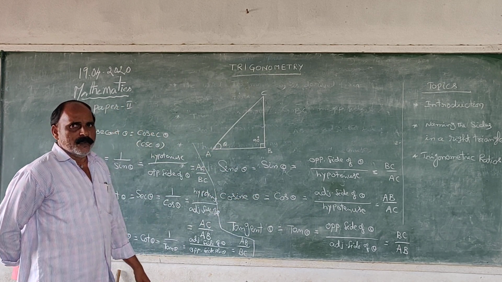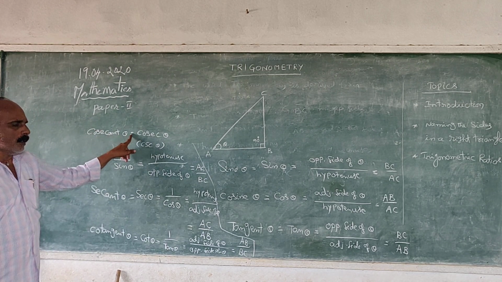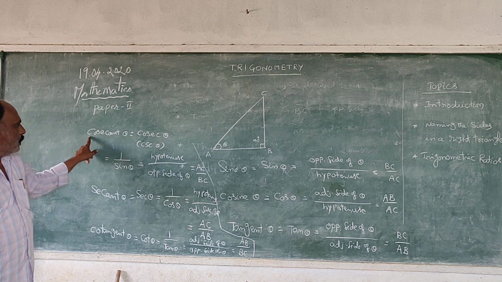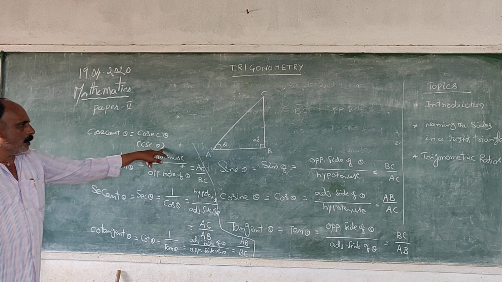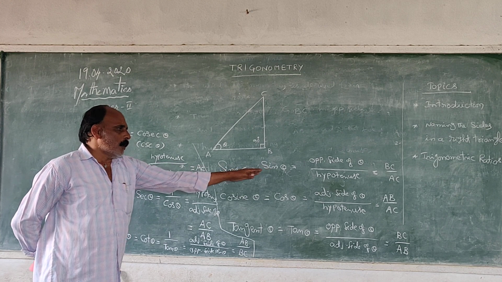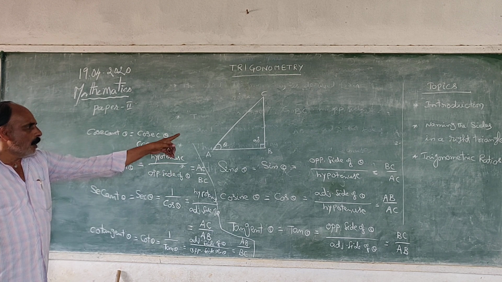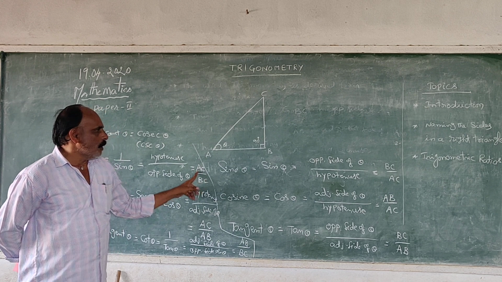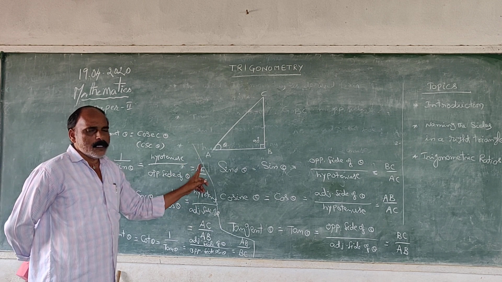The fourth one is cosecant theta, briefly written cosec theta, also written CSC theta, that is equal to the multiple inverse of sin theta. So 1 by sin theta, that is equal to hypotenuse by opposite side of theta. From the figure, hypotenuse is the longest side AC and opposite side of theta is BC. So it is written AC by BC.